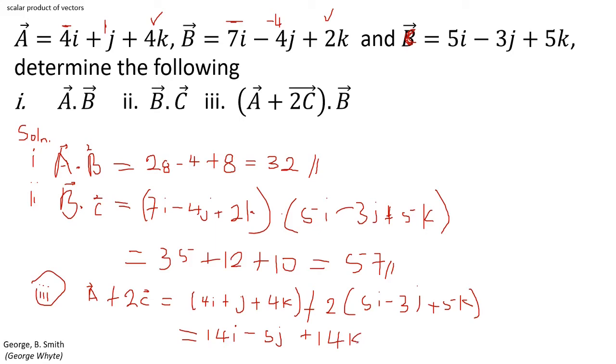But that's not what they want us to get. They say we should use what we have here to multiply B as a dot product. So that's what we are going to do in the next slide.